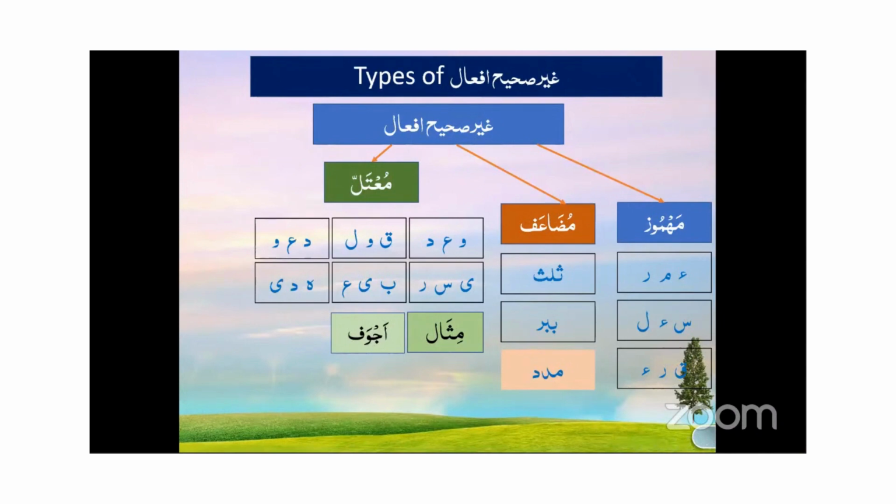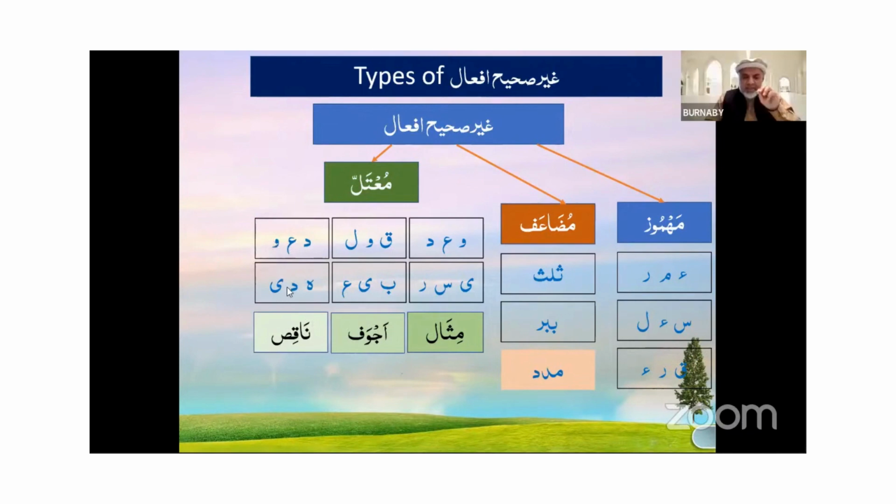And when you have the weak letter at the lam kalima, they are known as naqis. Are they hard to remember? I don't think so. It's just a matter of practice, but inshallah, practice will make you. Misal and naqis are easy to remember, because we know the meaning.